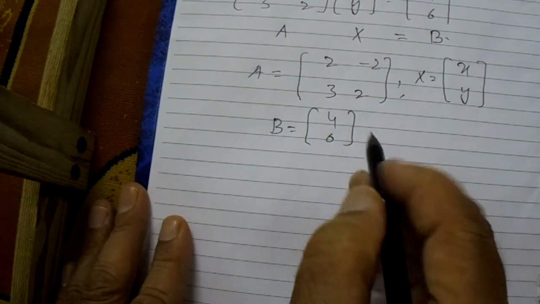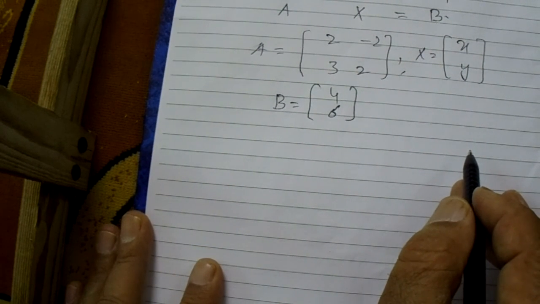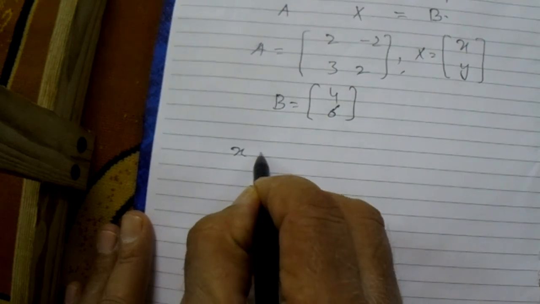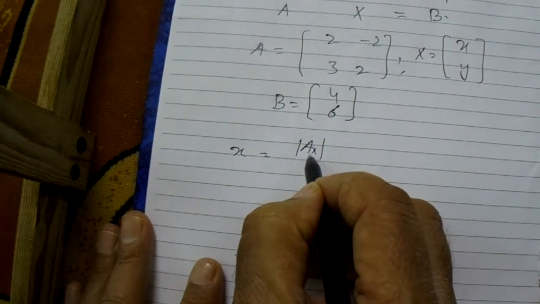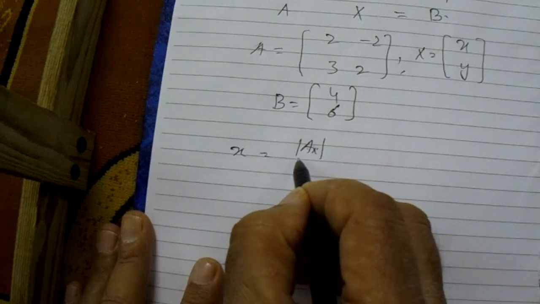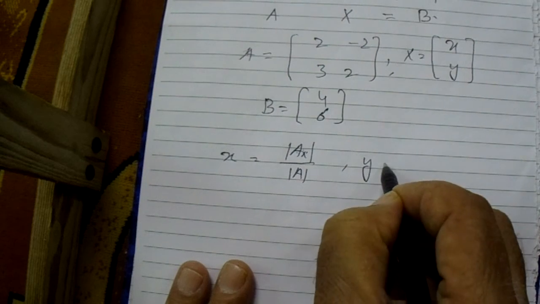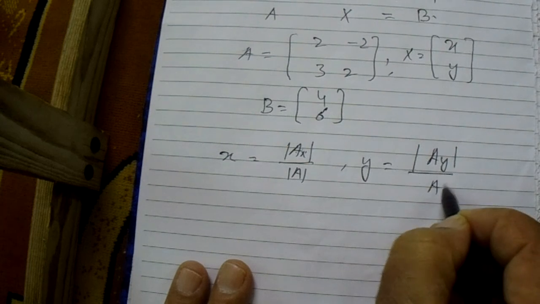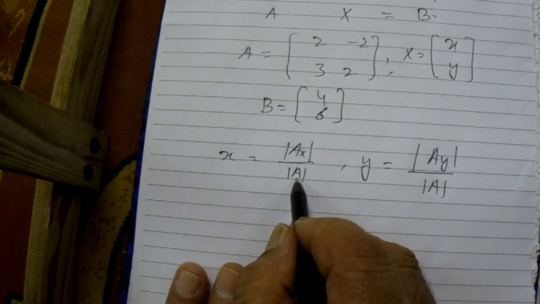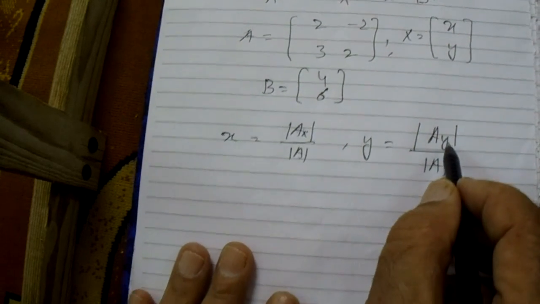By Cramer's rule, in this method we have the formula of X is equal to det AX over det A. This is the formula of X, and Y is equal to det AY over det A. Now we have to find det A, and we only find det AX and det AY.